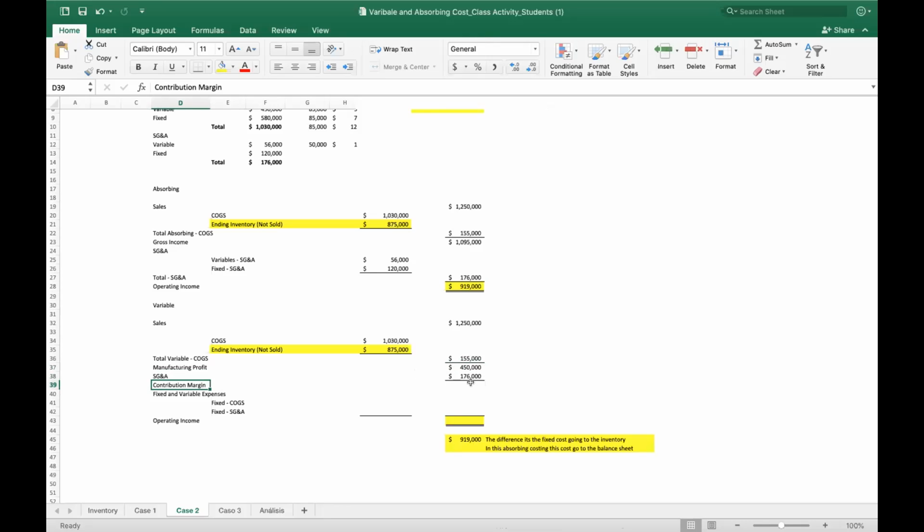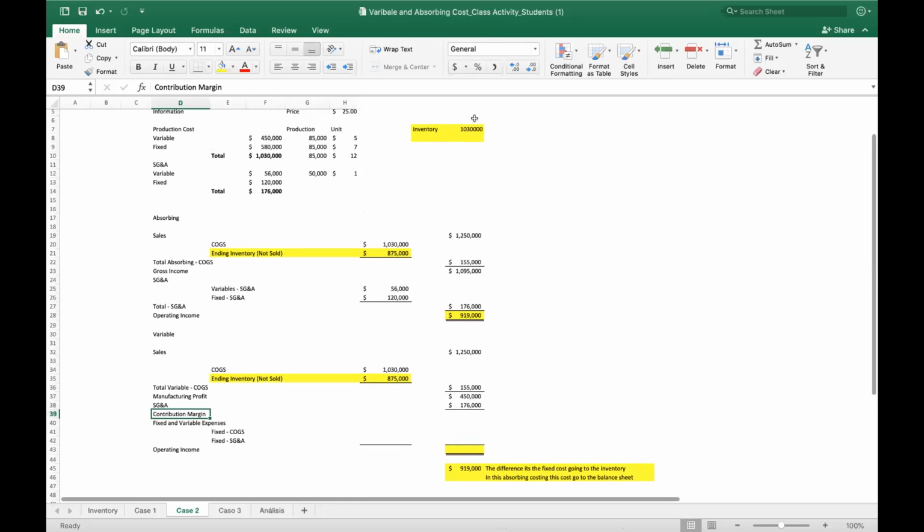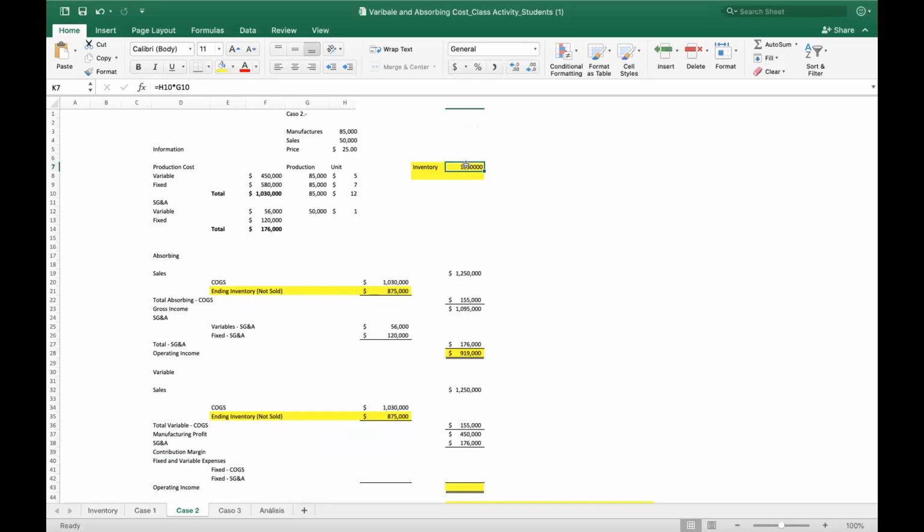Actually, we have a doubt. How do we obtain the inventory? Remember that you just had to subtract the amount of what you produce minus the amount you sold. So how much did you produce? 85,000, right? Manufactured 85,000. Okay. And how much did you sell? 50,000. So 85 minus 50. That'll be your inventory.